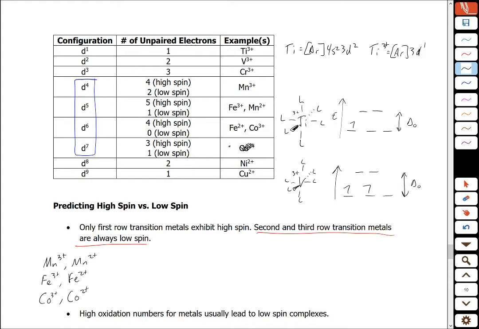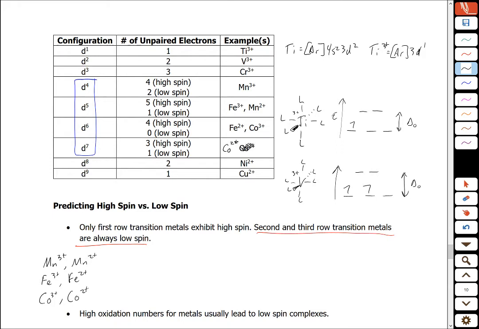That is not cobalt 3. That should be cobalt 2. Cobalt 2 is D7. So we're only interested in manganese, iron, and cobalt, and only in the +2 or +3 oxidation states. Those are the only metals we have to worry about.